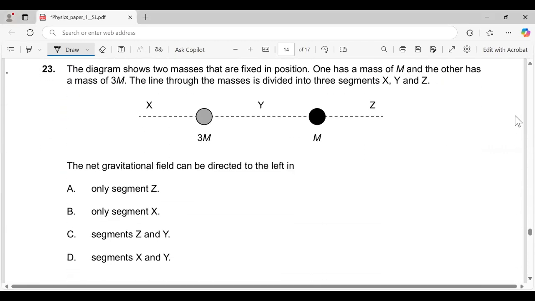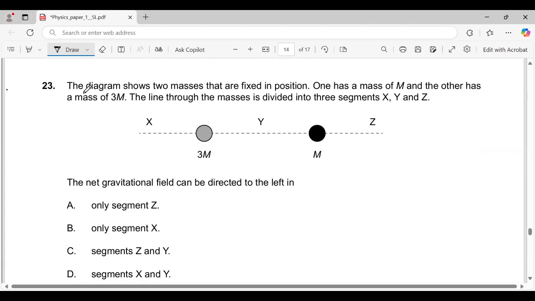Next question, number 23. The diagram shows two masses that are fixed in position. One has a mass of m and the other has a mass of 3m.